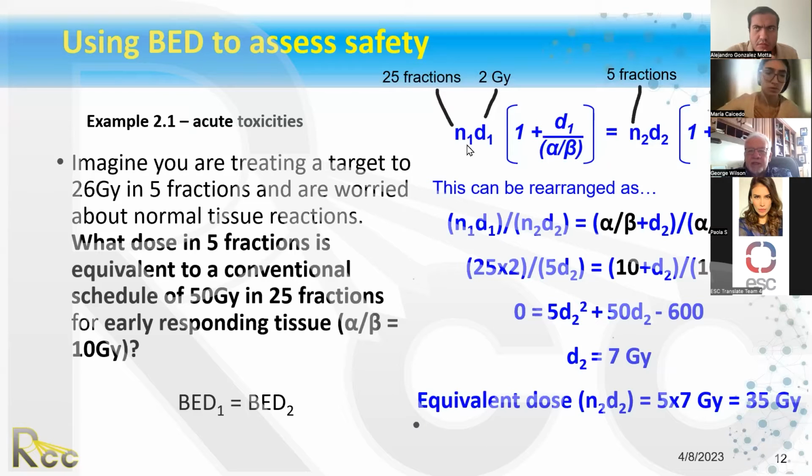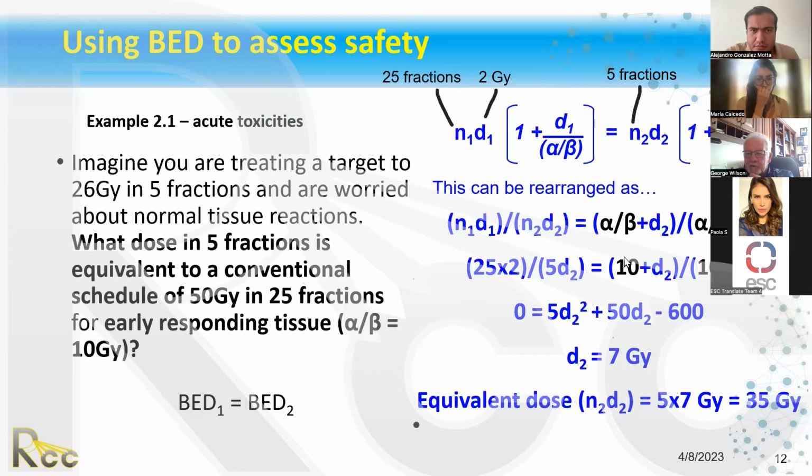And so here we are. The calculation would be this. We have one schedule here. This is 25 fractions of 2 gray. And then we have 5 fractions. And now we're trying to calculate what this dose would be in the 5 fraction schedule to be equivalent to this more conventional schedule. So again, these equations can be rearranged. And again, the alpha beta ratio is going to be 10.